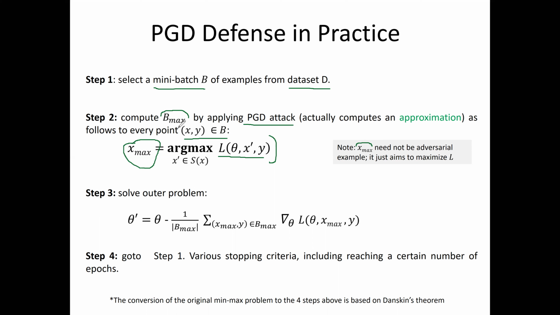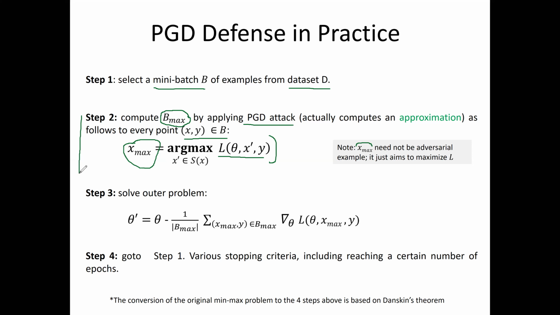So then we accumulate a bunch of these X maxes with the corresponding Y's, the labels, in the set B max. The size of B max is going to be the same as the size of the set B. Once we have accumulated the set B max, what we have done in a sense is linearized the inner maximization problem.